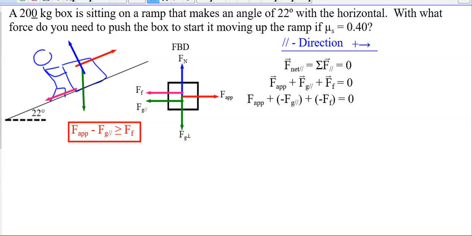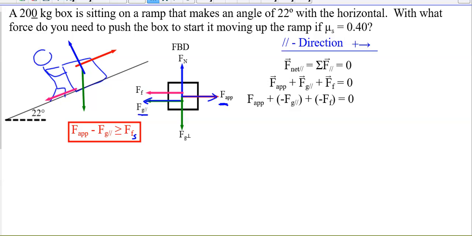So in order just to cause something to begin to move, your applied force has to be greater than or equal to your force of static friction. But in this case, since we have two forces, one force acting in the direction of motion that we want, weight down the inclined plane is acting against us. So this weight would actually remove force from our applied force.